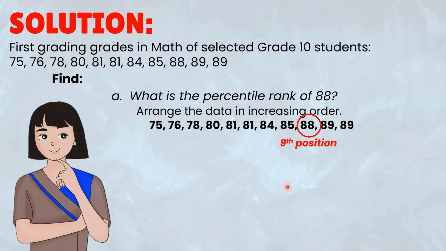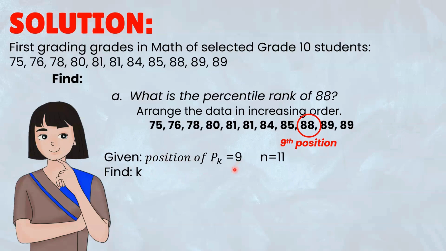After that, we use the formula of percentiles to find the percentile rank of 88. So we will just have a small twist in our formula. In here, we are given the position of our unknown percentile, which is 9. What we commonly solve is the position of our percentile value, but this time it's given.